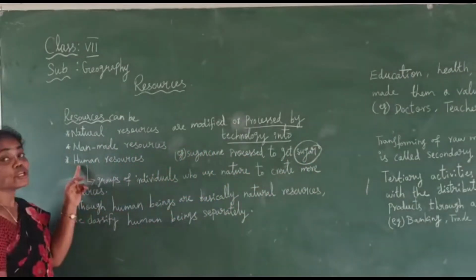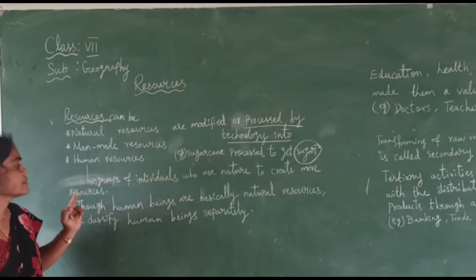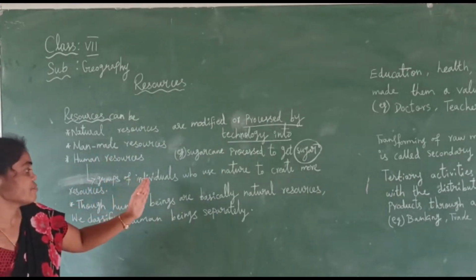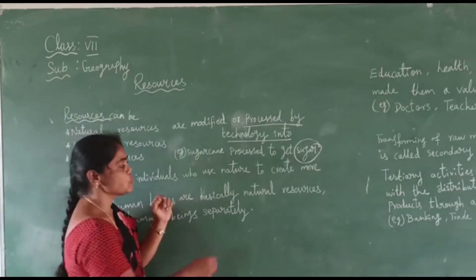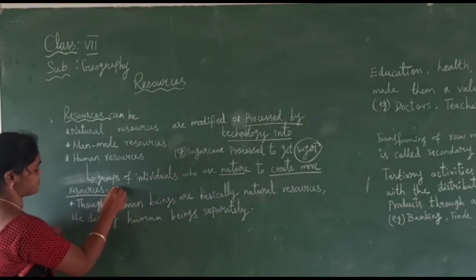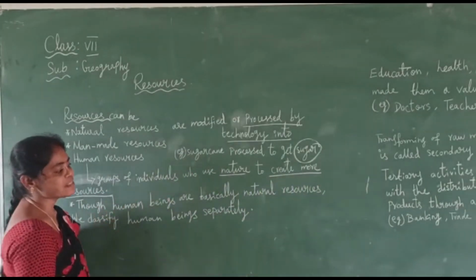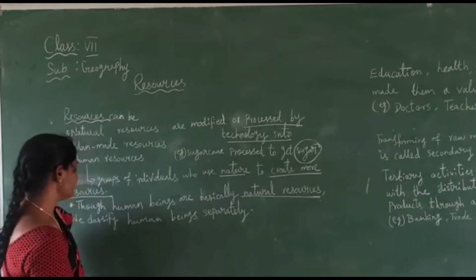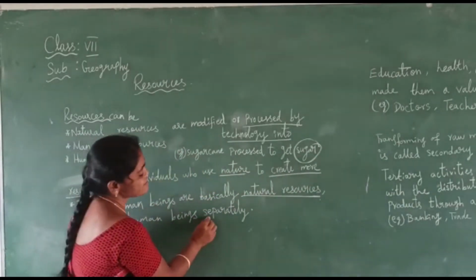Now we come to human resources. Actually, human resources are a group of individuals who use nature to create more resources. Though human beings are basically natural resources, we can classify human beings separately.